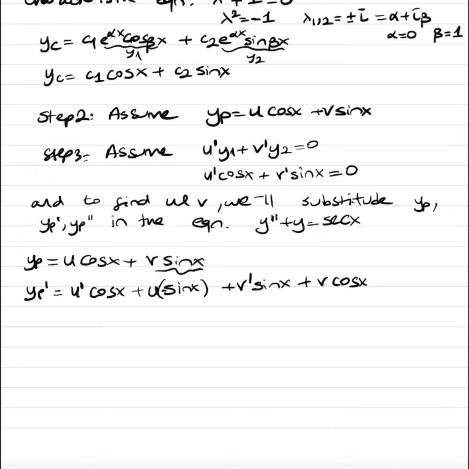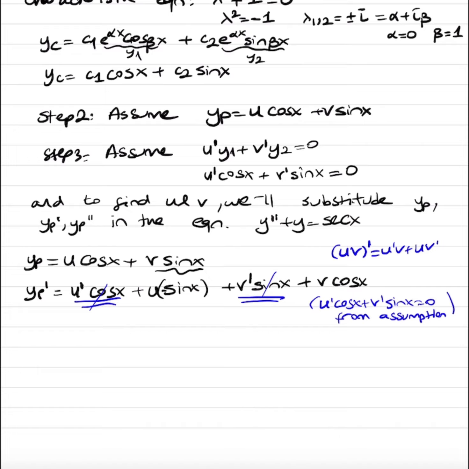I'm using the product rule: the derivative of uv is u prime v plus u v prime. And we assumed that u prime cosine x plus v prime sine x is equal to 0, from our assumption.